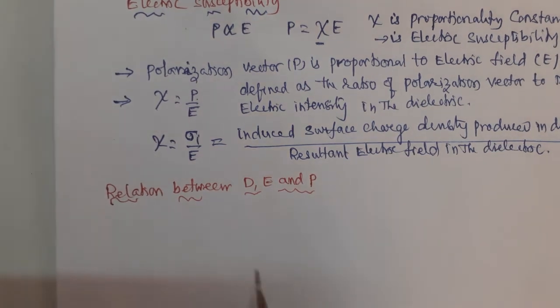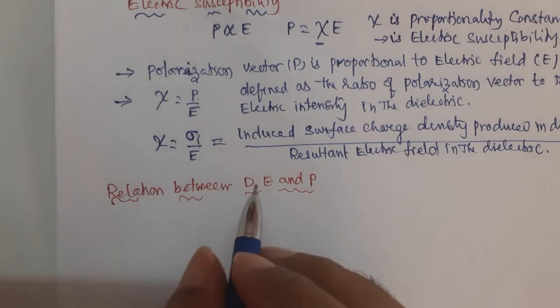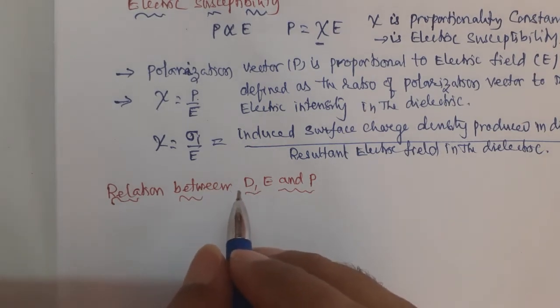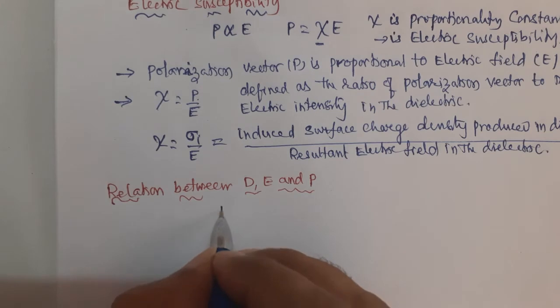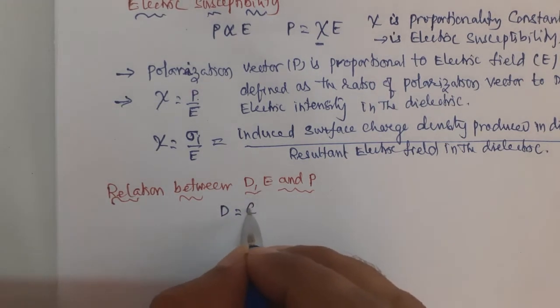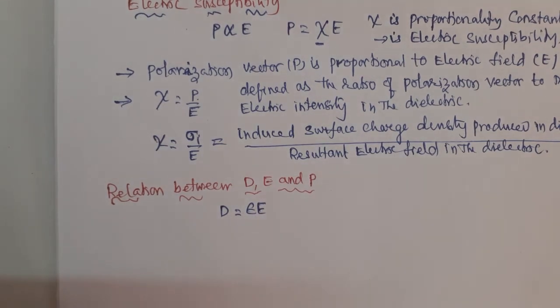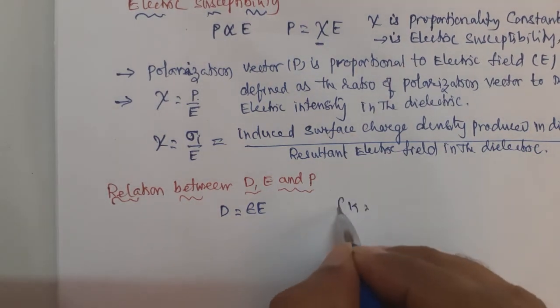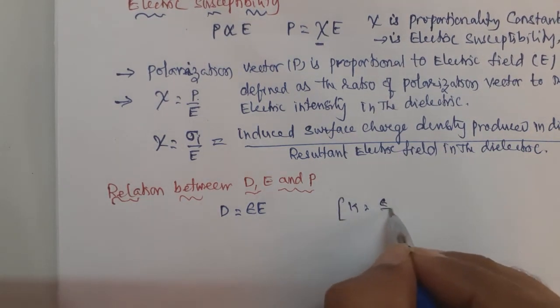If epsilon is the permittivity of the medium and E is the applied field, then D is equal to epsilon E. And we know from the dielectric constant that K is equal to epsilon by epsilon naught.